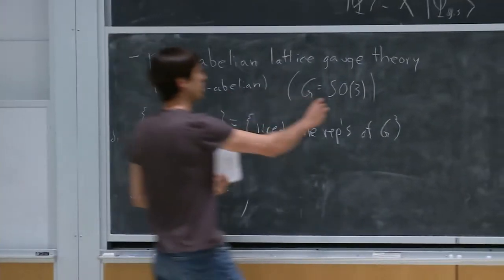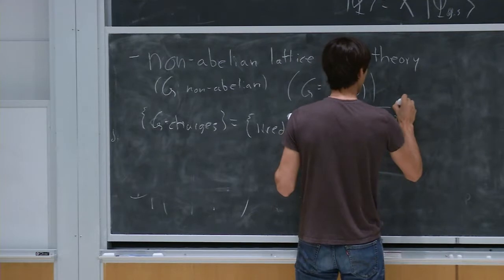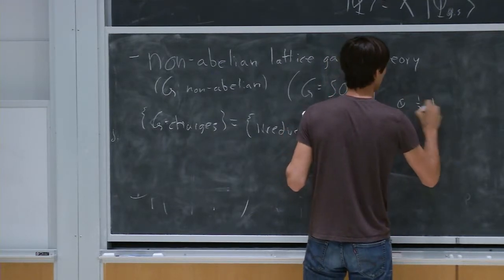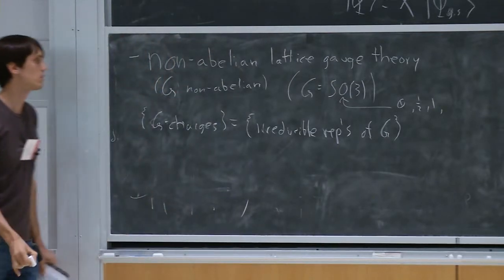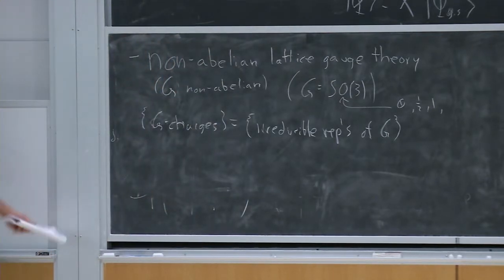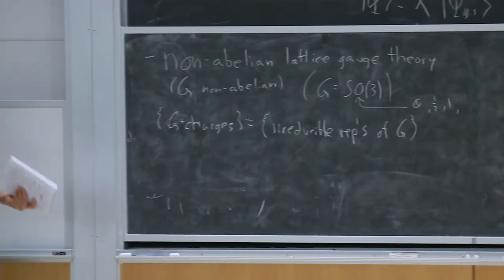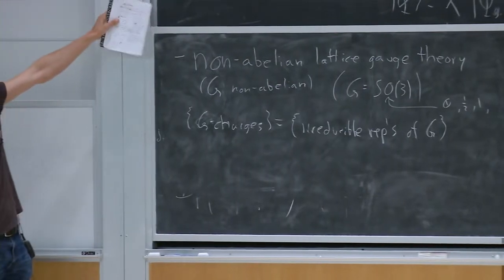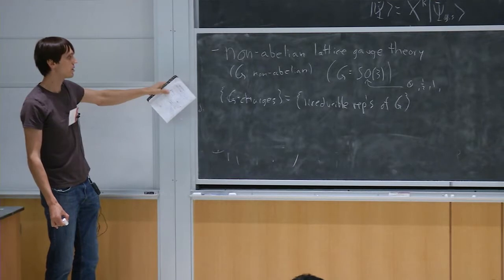So if you're thinking about SO3 intuition, you have spin 0, spin 1/2, spin 1, etc. And all these higher spin representations have degeneracies in them. Similarly, for non-abelian groups, you have the same thing. You have some representations which have dimension greater than 1. And that's a complication. That's a feature that you don't see in the toric code model. But the point is that it does appear here.